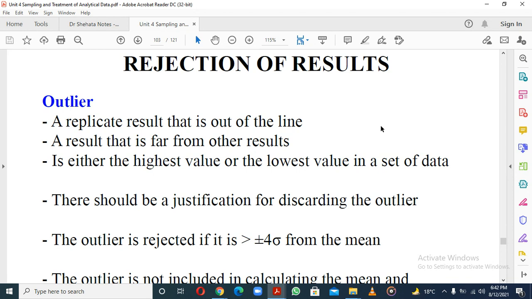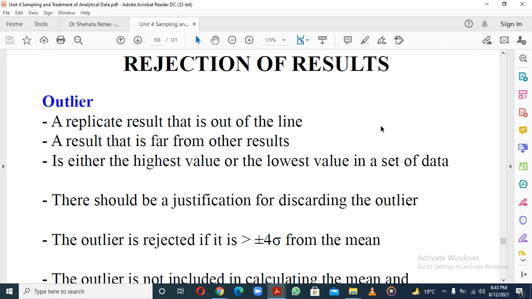There should be a justification for discarding the outlier. And what is that justification? The outlier is rejected if it's greater than plus or minus 4 times the standard deviation.